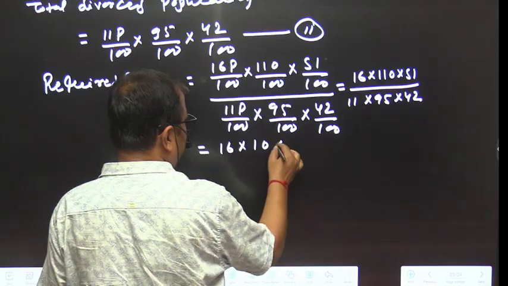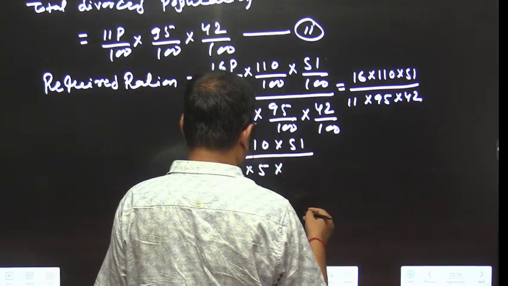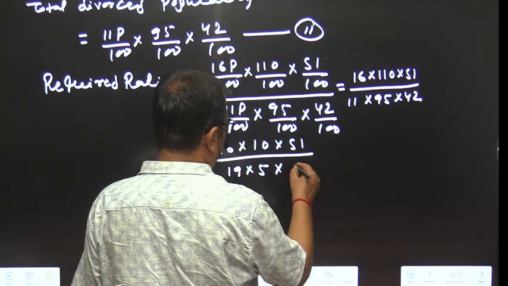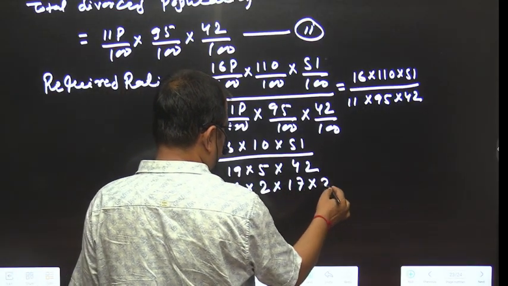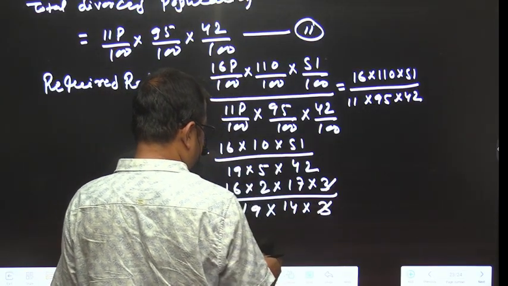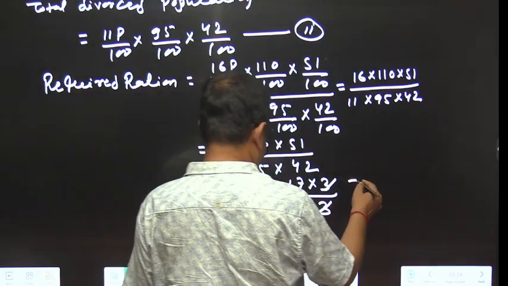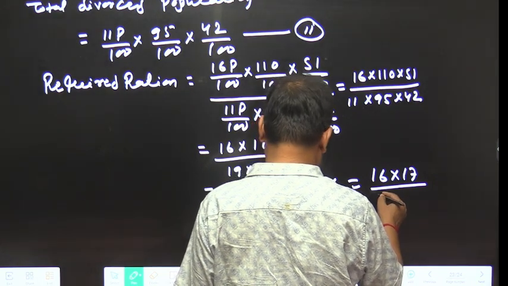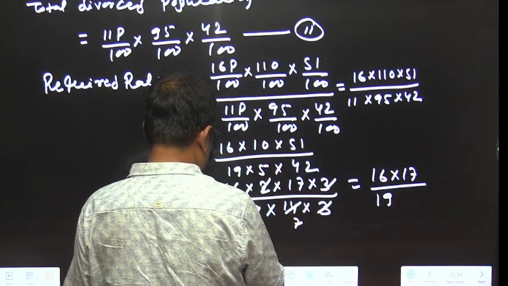Simplifying, 16 into 10 into 51 upon 95 into 42, 16 into 17 upon 19 into 5.